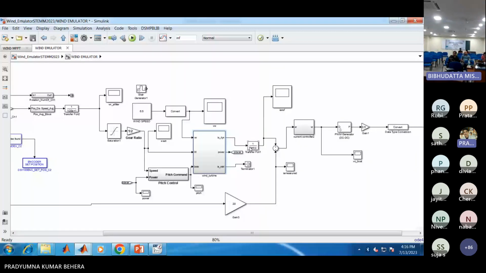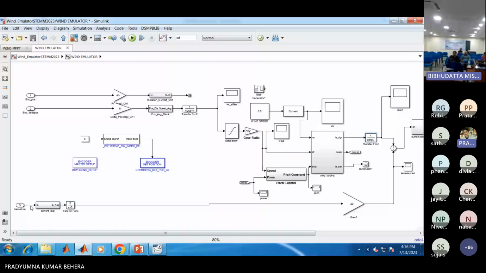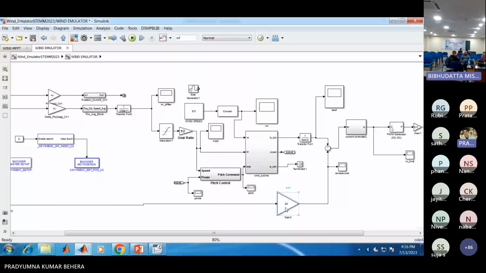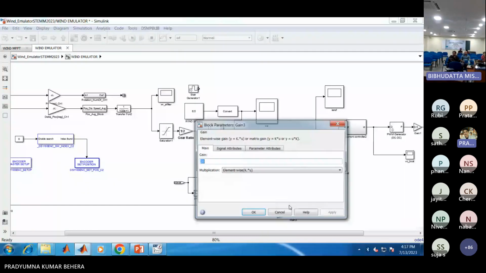Here this reference armature current is compared with the actual armature current, which is being sensed from the analog to digital converter of the DSpace control board. Here you can see I have taken a gain value of 20. This is 2 multiplied with 10.